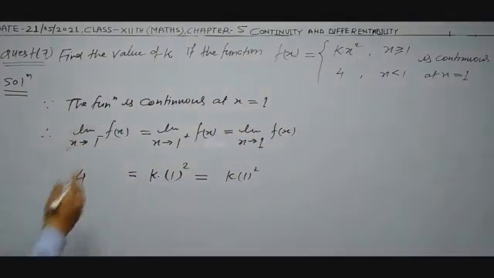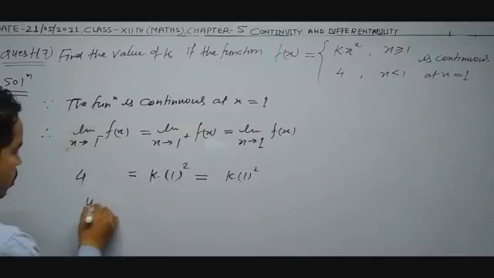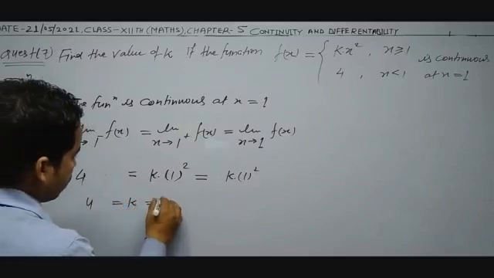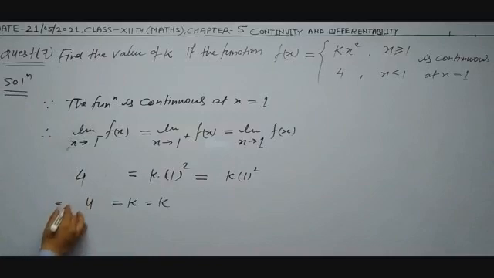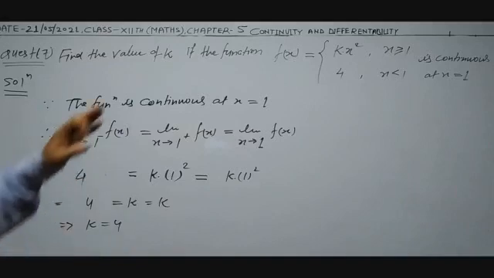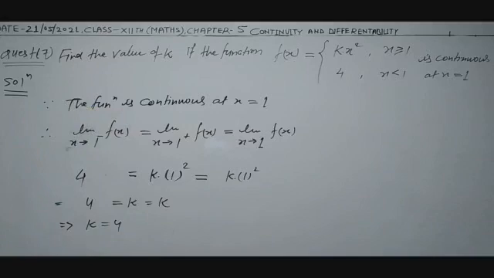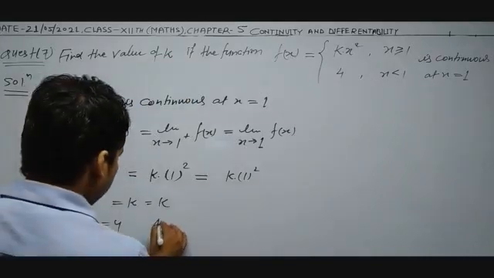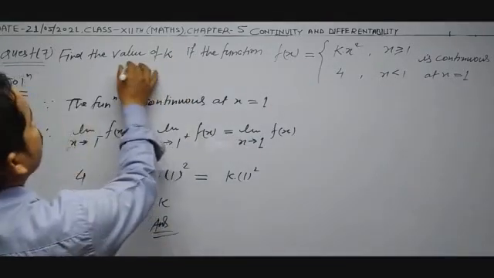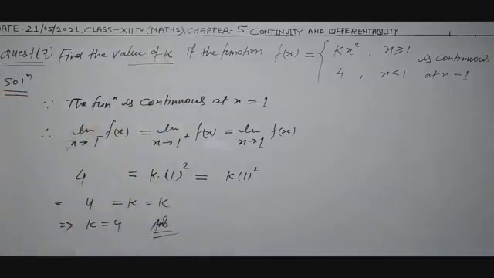So see, 4 is equal to k, means k is equal to 4. At k equals 4, the function is continuous at x equals 1. When you put k equals 4, the function will be continuous. So this is the answer. We have to find the values of k.